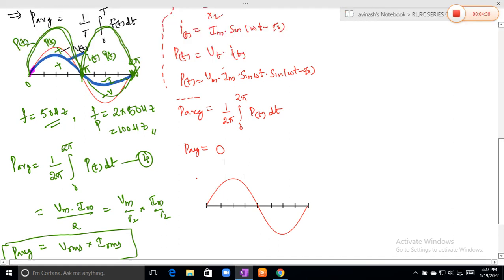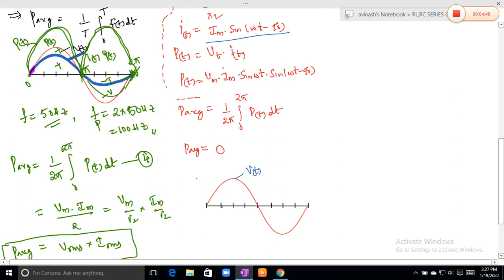For example, this is the voltage waveform. Then what is the current waveform? If you observe the equation, the current is shifted by 90 degrees.